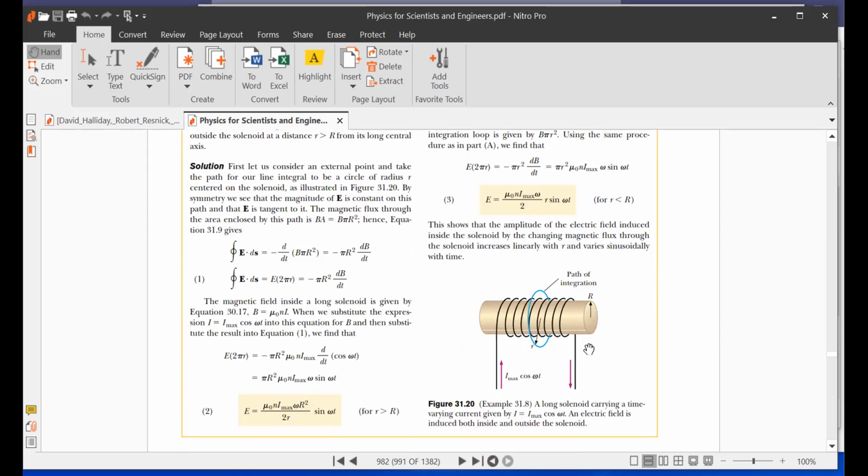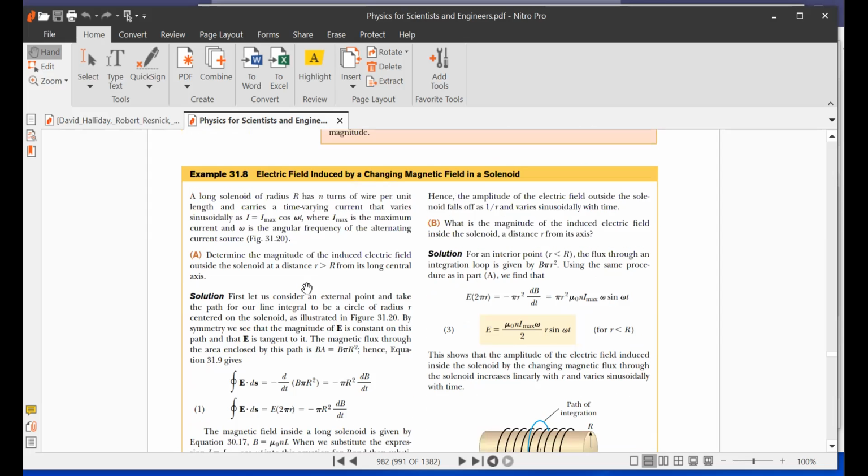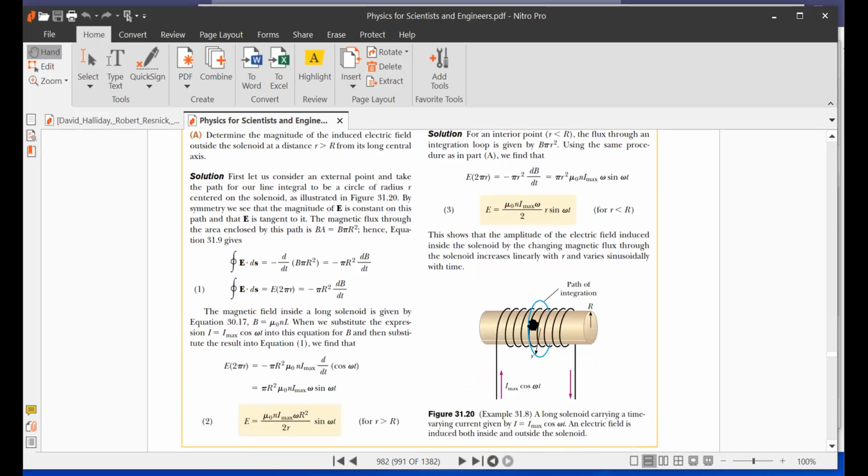So we get this closed integral of E dot ds, which is equal to E times 2πr, where little r is the distance from the center of the solenoid to this point outside the solenoid.